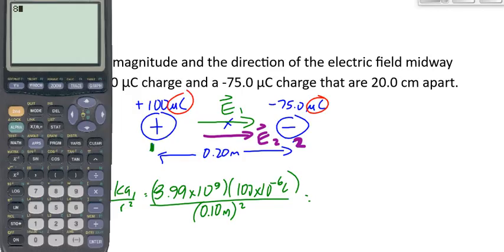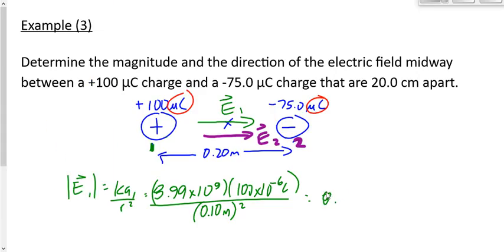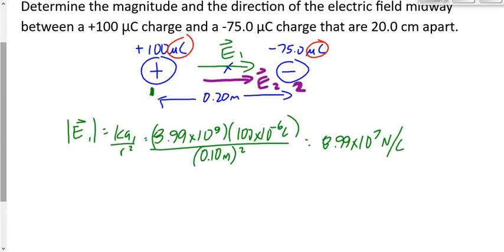We've got 8.99 times 10 to the 9 times 100 times 10 to the minus 6 divided by 0.1 squared gives us a value of 8.99 times 10 to the 7. That's newtons per coulomb. Now let's find the value of E2, the electric field caused by the second charge.